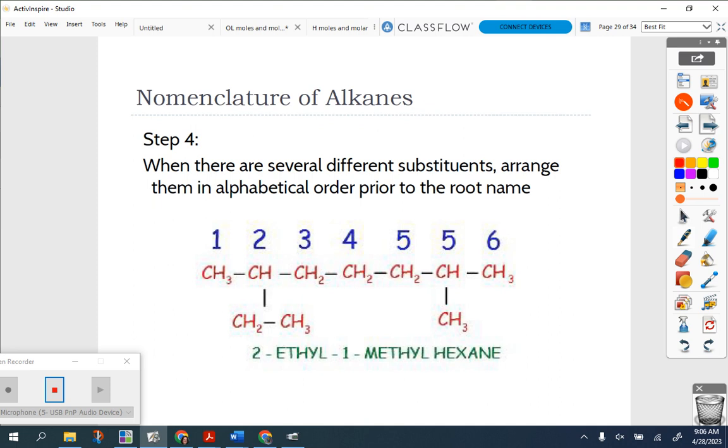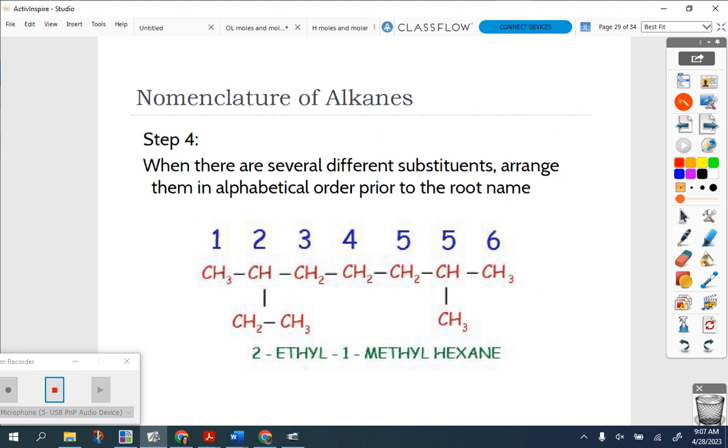And then this is a different example, but when you're naming, and you have different groups like the propyl and the methyl in the previous one, you're going to put them in alphabetical order. And you're going to number the groups.